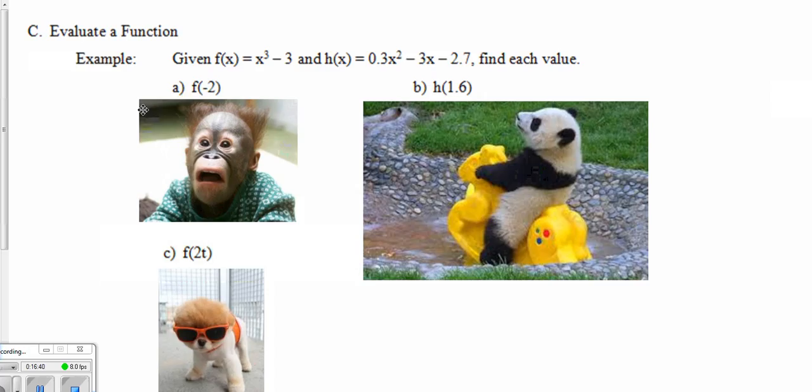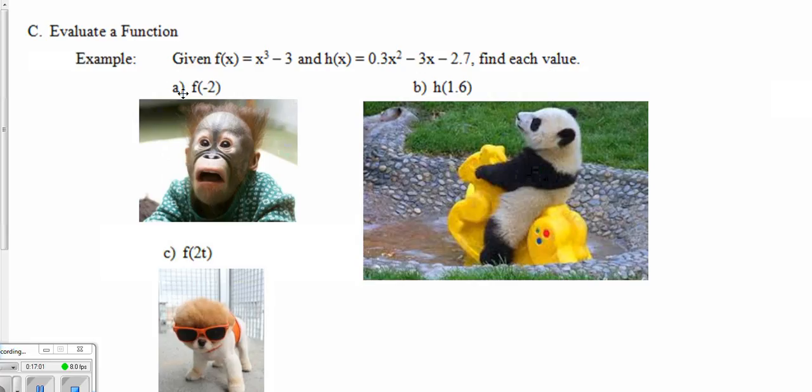For our last examples here, we're going to be looking at evaluating functions. Now if we are given two functions, f of x, which is x cubed minus 3, and h of x, which is 0.3 x squared minus 3x minus 2.7, we need to find each value.